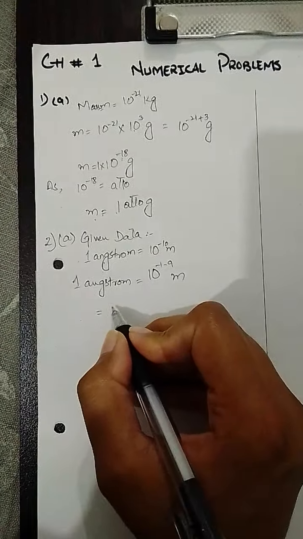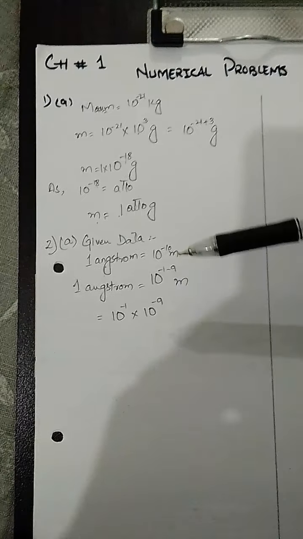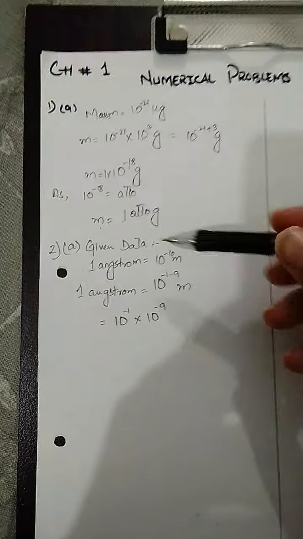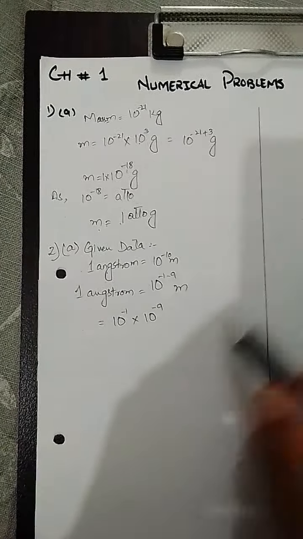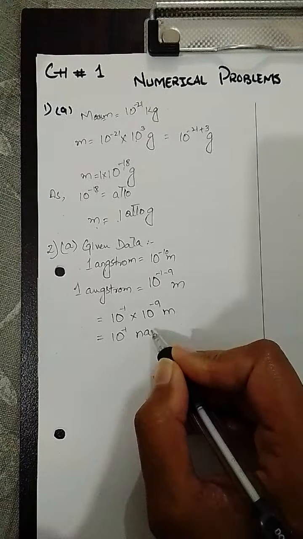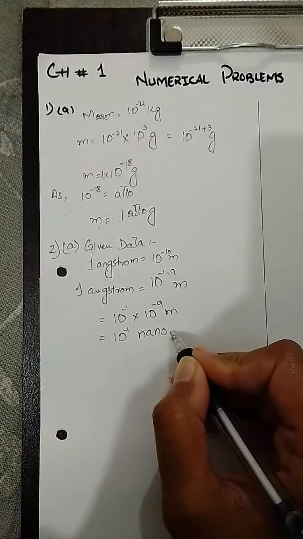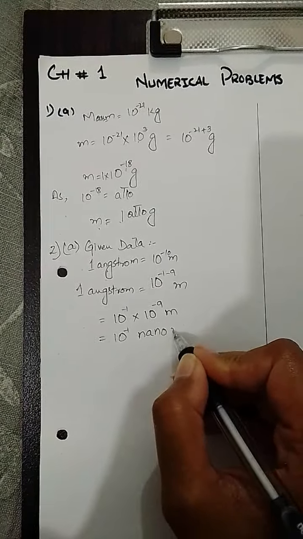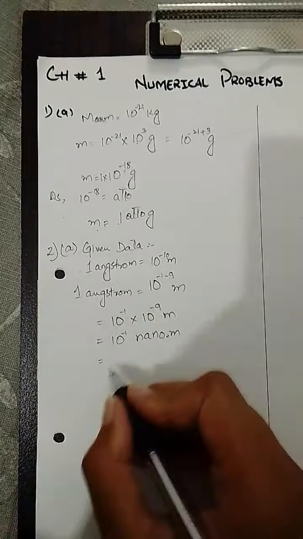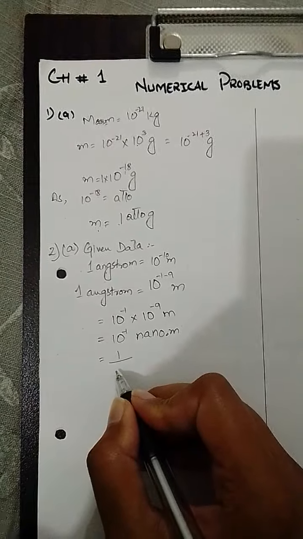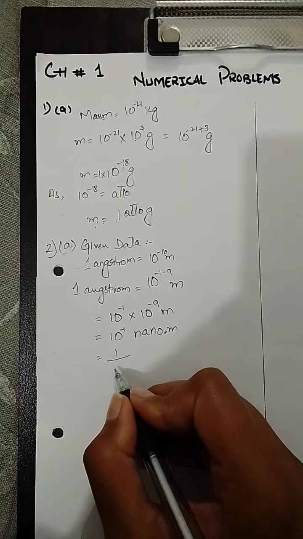So you can see that we have to use the same steps but in the opposite way to question number 1. And here comes the meter, 10 raised to the power minus 1. We can write 10 raised to the power minus 9 as nanometer, right? 10 raised to the power minus 9 equals nano and meter, of course. Whenever 10 has a negative power, it can be written as a positive power in the denominator.